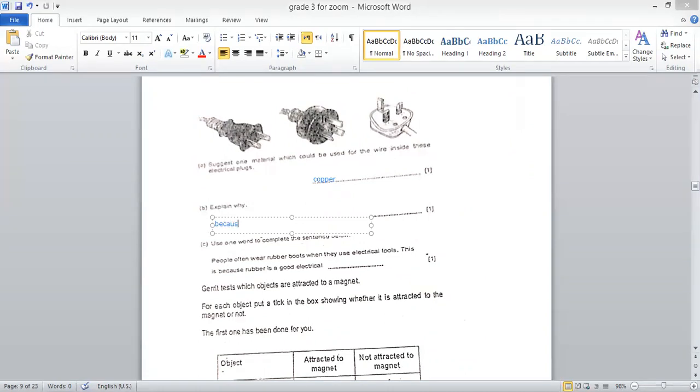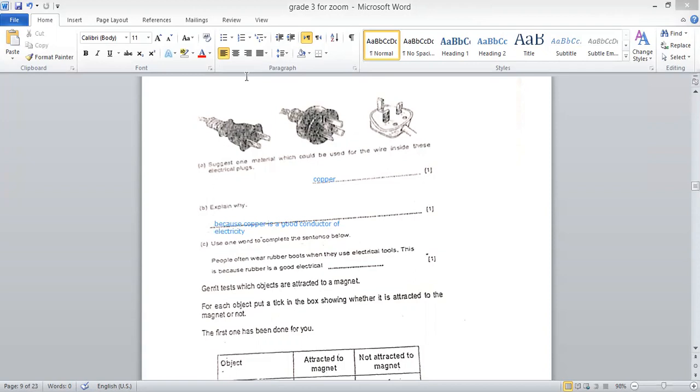Because copper is a good conductor of electricity.